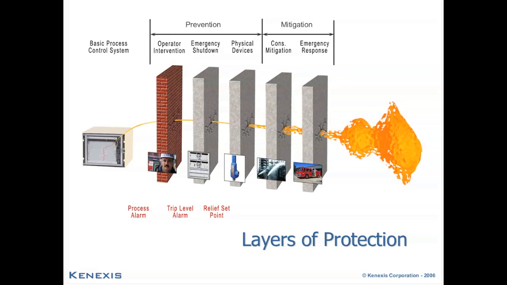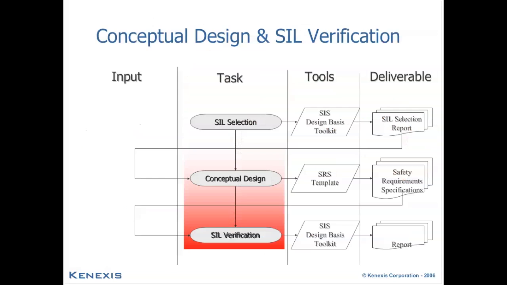So most companies are using this method of considering all the preventative layers of protection and assessing credit for each of those different layers before deciding whether a SIL 1, 2, or 3 shutdown is needed.